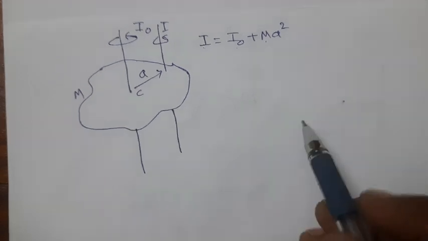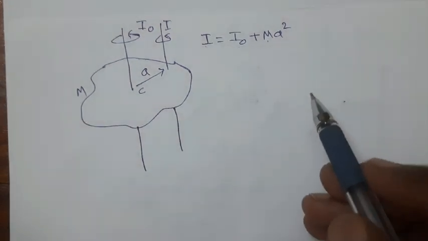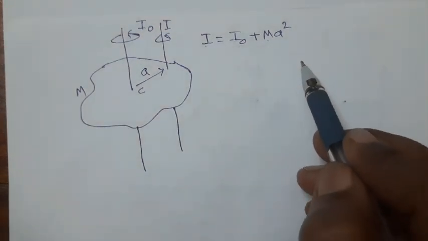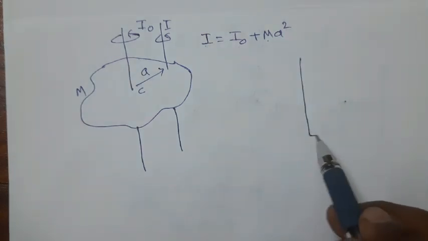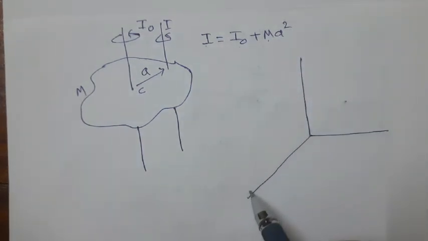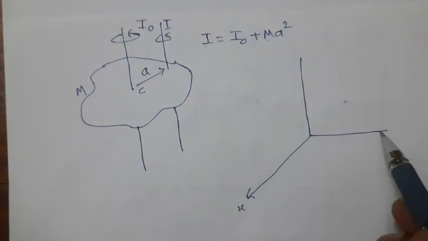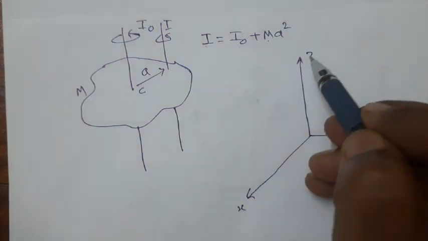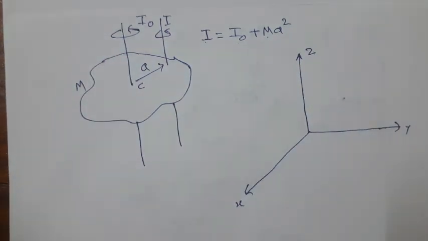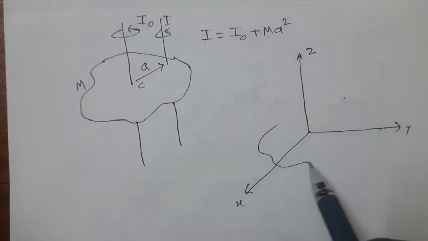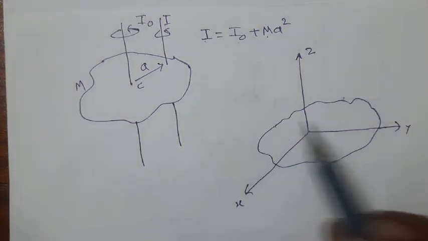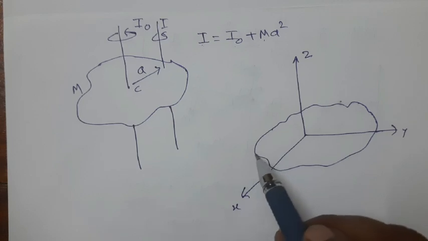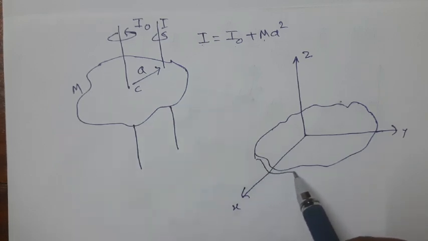Now, what is perpendicular axis theorem? The name itself suggests that suppose there are 3 axes which are mutually perpendicular to each other. This is x-axis, this is y-axis, and this is z-axis. This is nothing but our Cartesian coordinate system. And if there is a laminar object, that means now it is essential to have an object having negligible thickness.